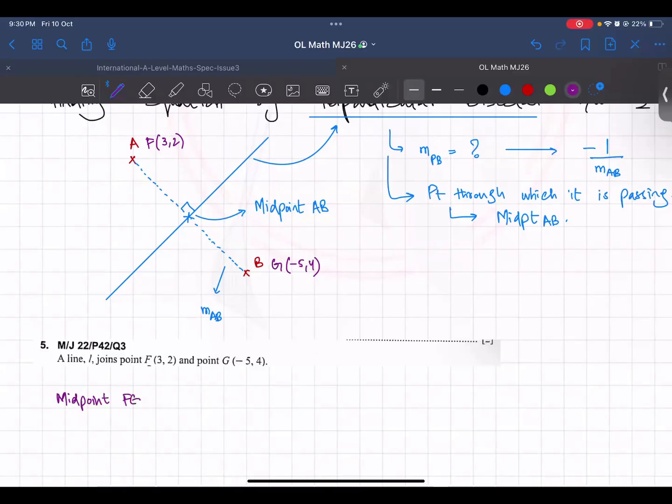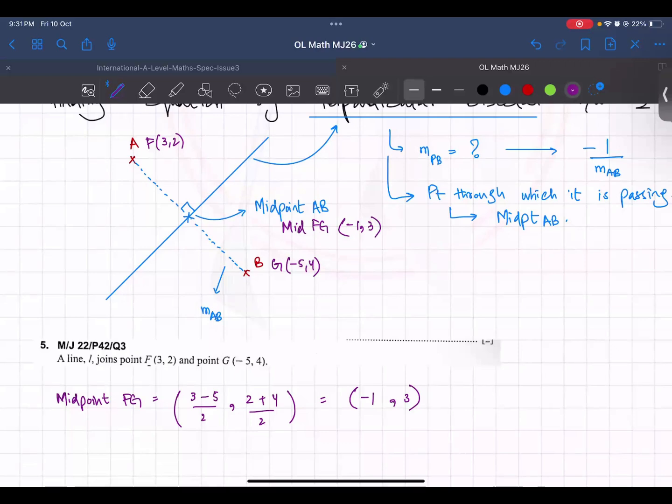Midpoint of FG, which will be add x's divided by 2. So 3 minus 5 upon 2 and 2 plus 4 upon 2, which will be minus 2 upon 2 is minus 1 and 6 upon 2 is 3. So now we already have the midpoint of FG, which is minus 1, 3.